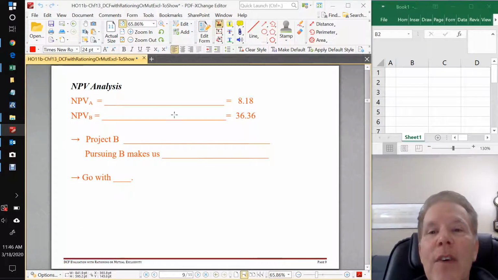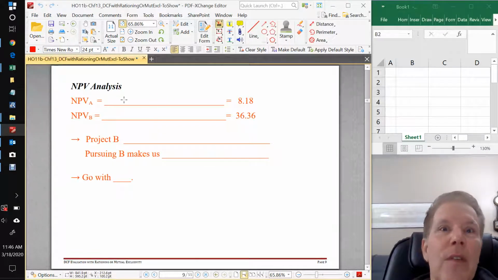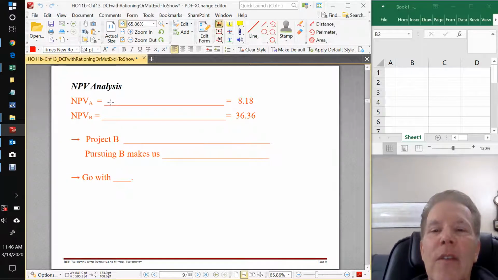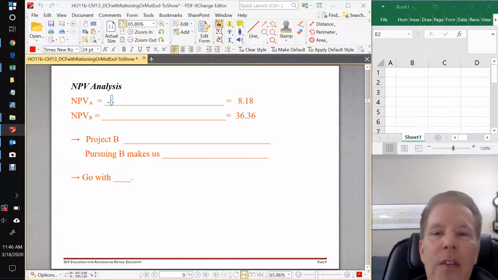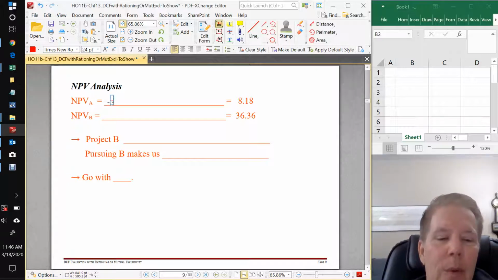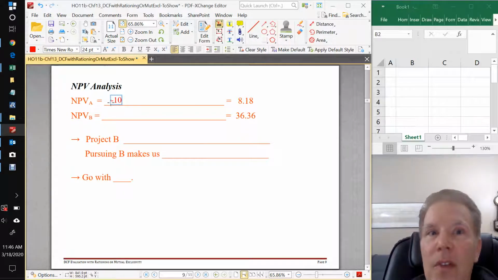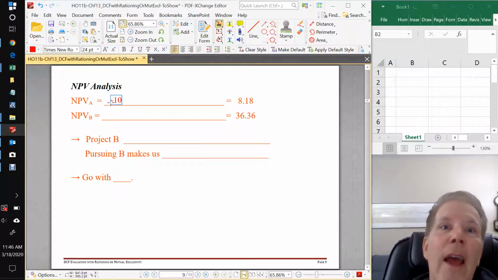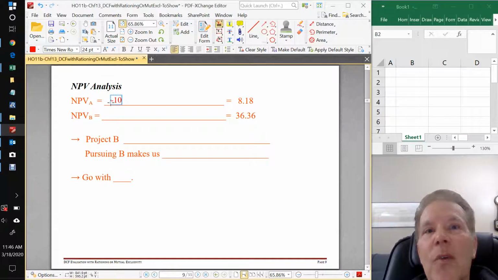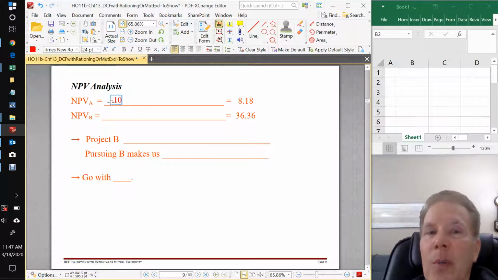So now, finally, let's do an NPV analysis of these two and see what kind of conclusion we come up with. So for A, all we're doing, remember with the NPV method, it's the simplest method, right? Every stinking cash flow, discount it to t equals 0, individually discount each one for the project, and then add them up.